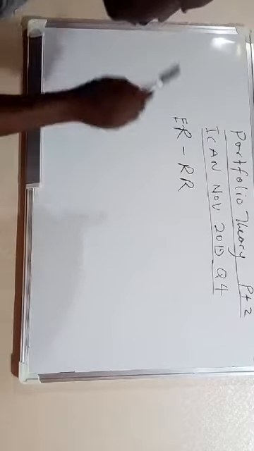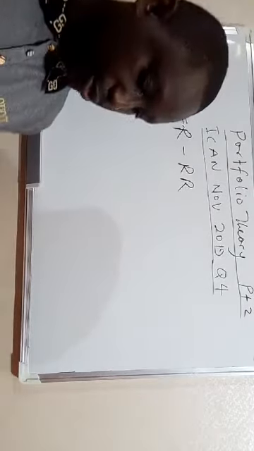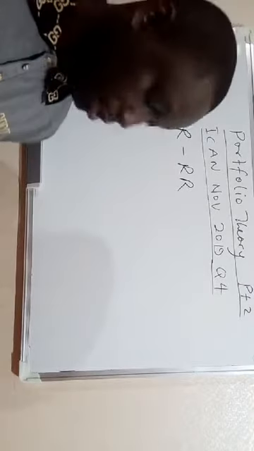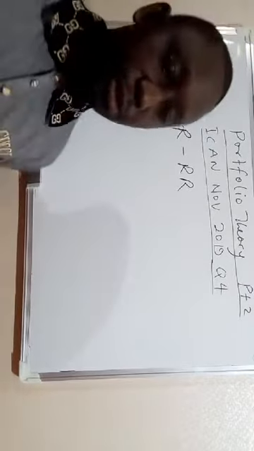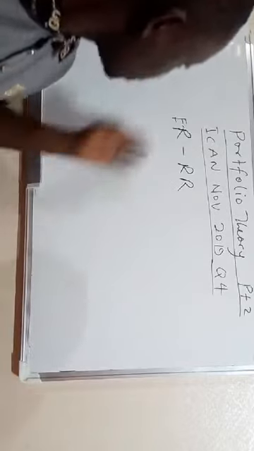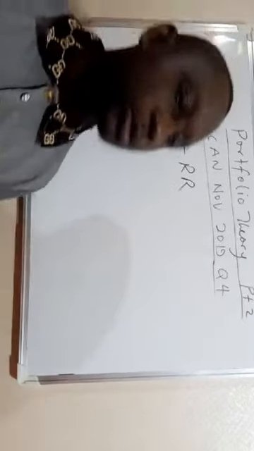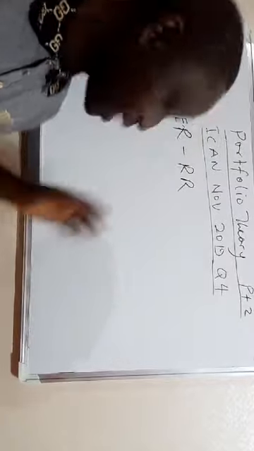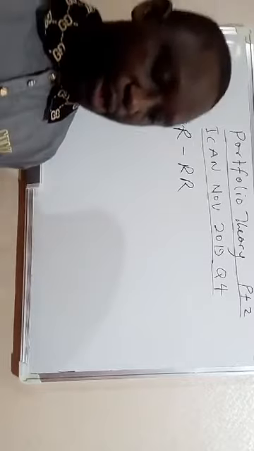So now, we will always be given the expected return, then we will calculate the required return. Now, when the expected return is equal to the required return, we can say that the portfolio is efficient, and thereby it lies on the capital market line.